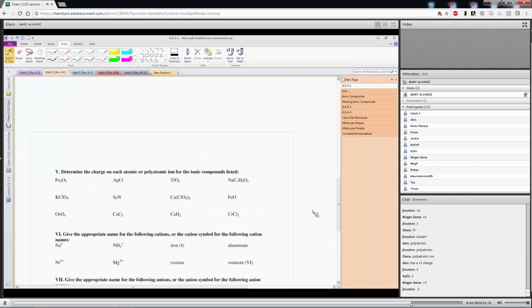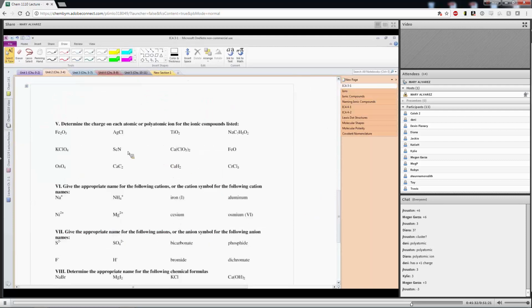So we look at our in-class activity sheet. That's what this next section is talking about, section 5. Determine the charge on each atomic or polyatomic ion for the ionic compounds listed. Each of these is guaranteed to have one ion you don't know, either a transition metal, like here's chromium, scandium, or a polyatomic ion that might not be listed on your table of polyatomic ions, like this guy, or this guy.